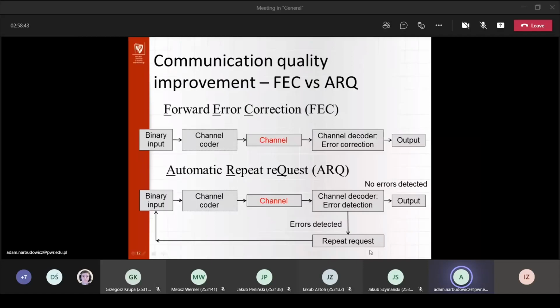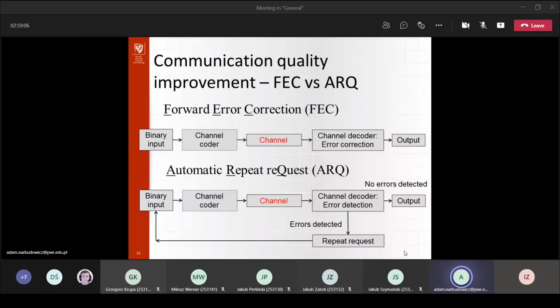Now, this is of course not 100% correct, because obviously this repeat request will also need to go through the channel, right? So sending that repeat is actually a bit more complicated than just this straight arrow here. Such a request is also information by itself, right?